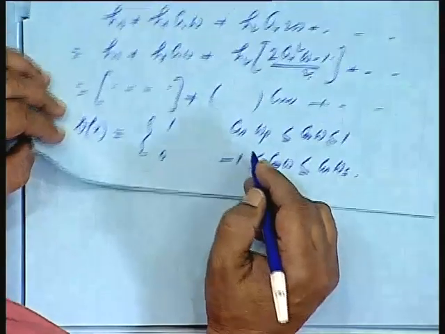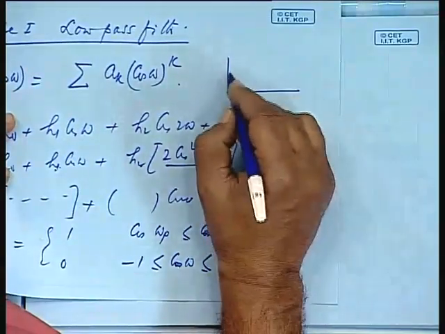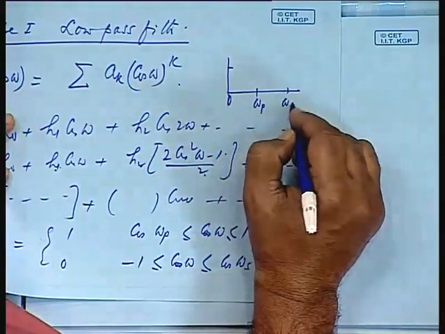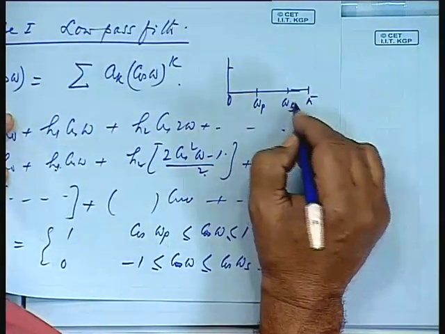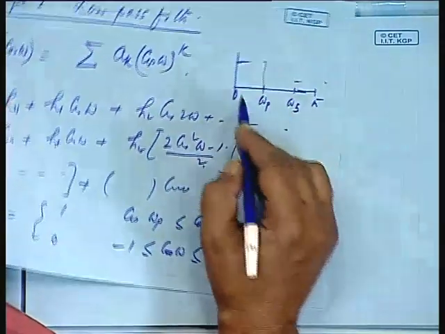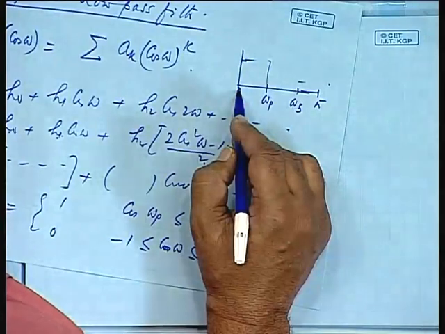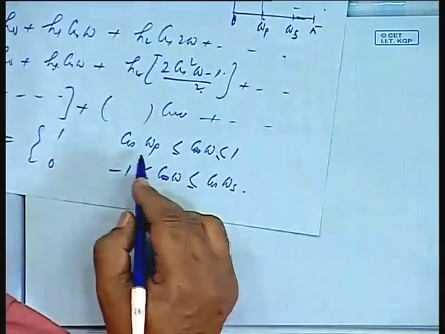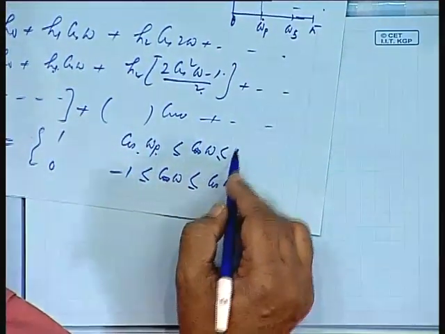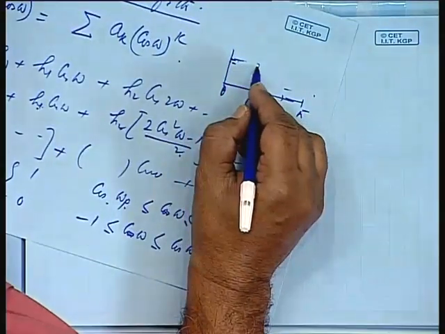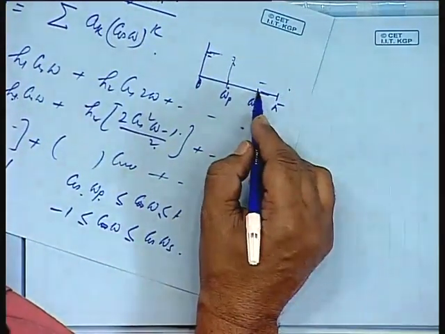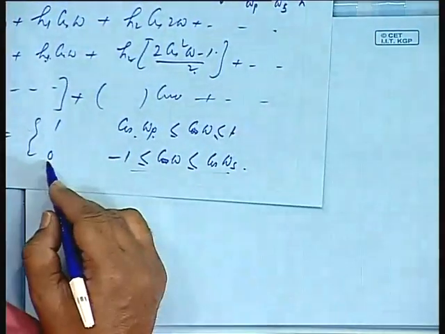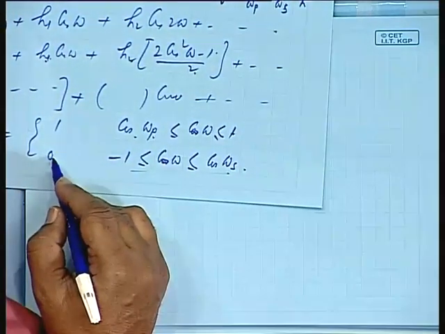So, this entire range 0 to omega p, omega s to pi, what will be the value of cosine 0, 1, then cosine omega p. So, it will lie between cosine omega p and 1 in this range. Similarly, in this range it will be cosine omega s and minus 1. So, in that range the desired function should be 0.